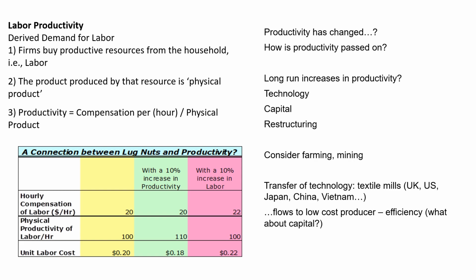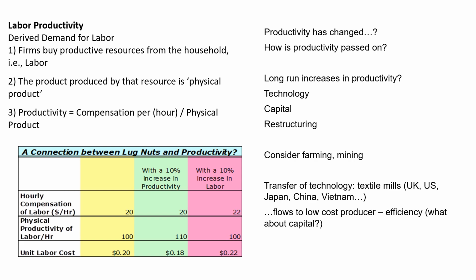For our example here, on the left-hand side, we are looking at the hourly compensation of labor, moving rightward on that row. Remember, columns are up and down and rows are side to side, horizontal. So it's hourly compensation at $20 an hour. The next column over is the productivity increase, and the last column is an increase in the price of labor.